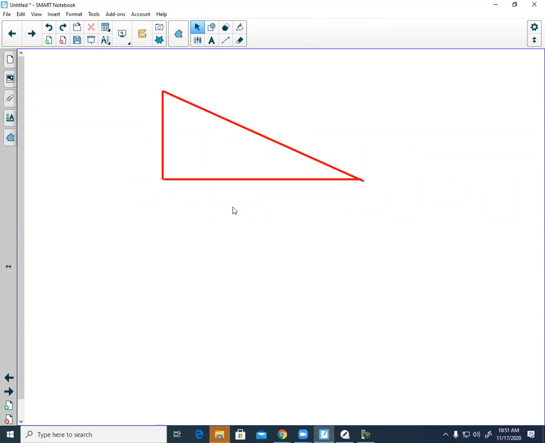I've got a right triangle right here, and obviously we can choose any of these angles to be theta or x or whatever you want to call it, but I'm going to call this angle theta for our intents and purposes. We know that the side across from that angle is always labeled as the opposite. The longest side is always labeled as the hypotenuse, and the side touching the angle is the adjacent side.